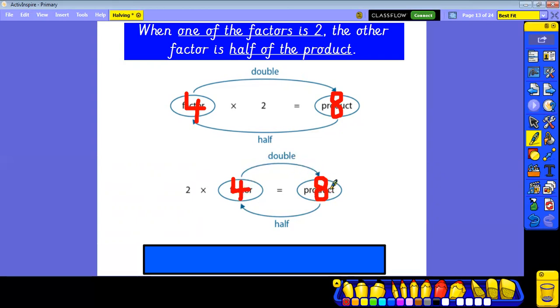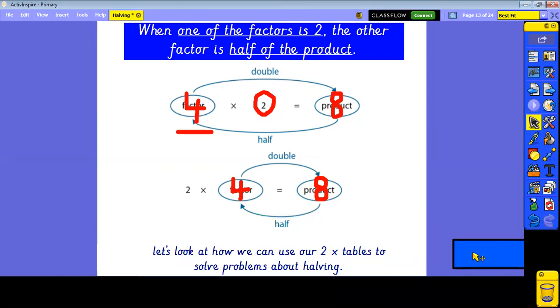It will be double my other factor. So basically what we're learning from this is when one of the factors in a multiplication question is 2, the other factor is half of the product. Let's say that together. When one of the factors is 2, the other factor is half of the product.